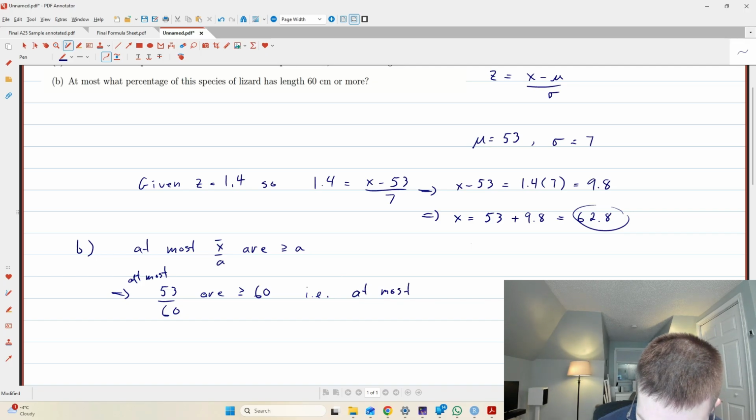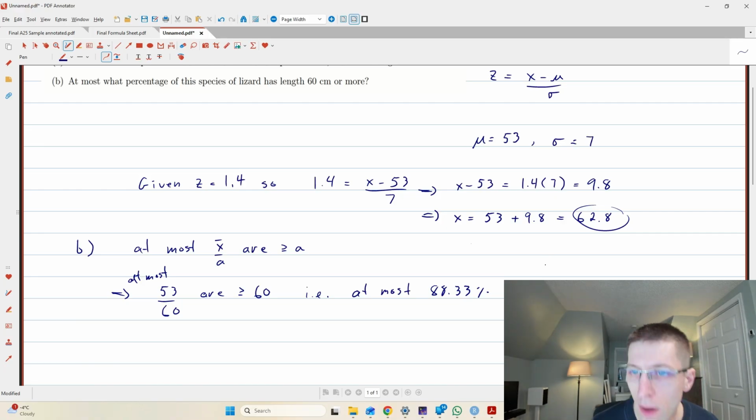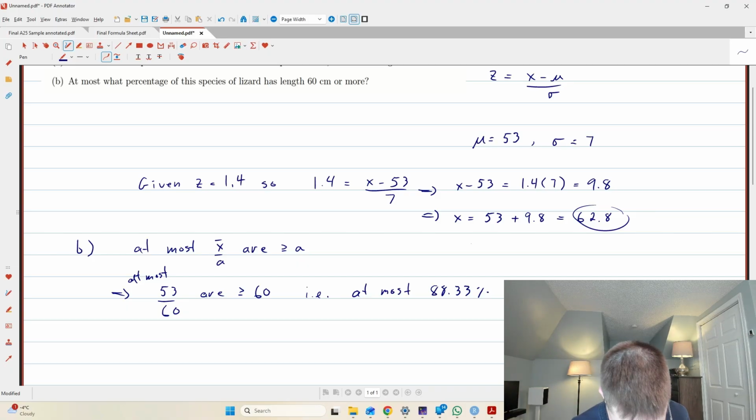So at most 88.33% are greater than or equal to, or maybe I should say have length bigger than or equal to 60 centimeters. Yeah, so that is question 4.